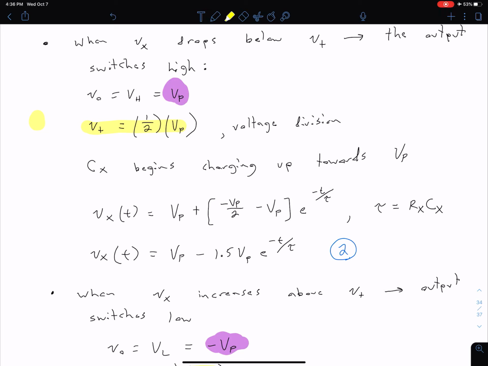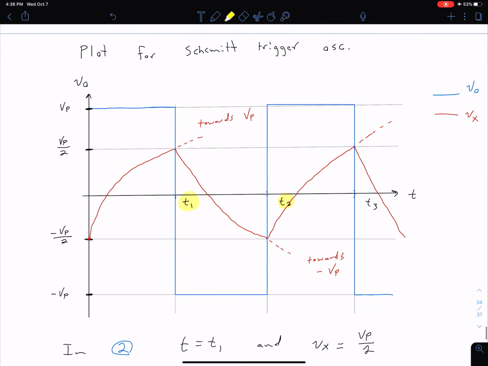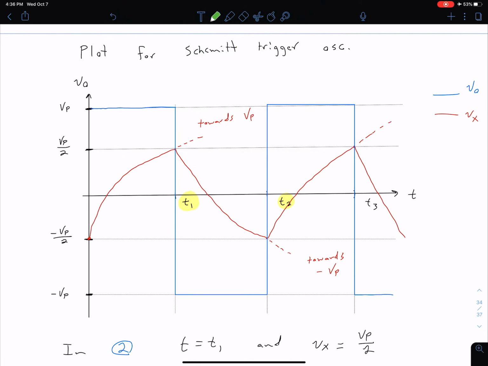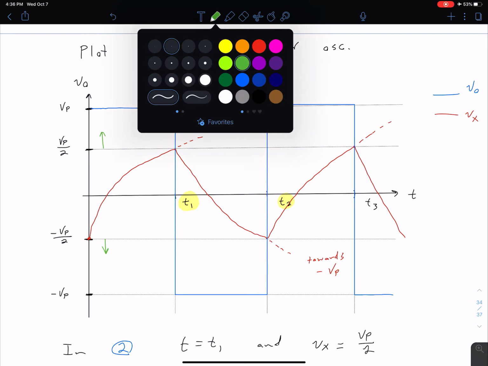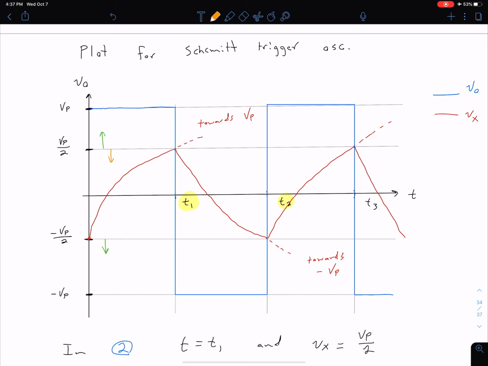Well, if we change one or both of those, or ultimately if we change the ratio between those, this 1/2 Vp value is going to change. And so what that means is that we're going to have this sort of threshold value here either moving up or down. So either they're both going to be moving closer to the high and low voltage respectively, or we could also see them moving closer towards 0.